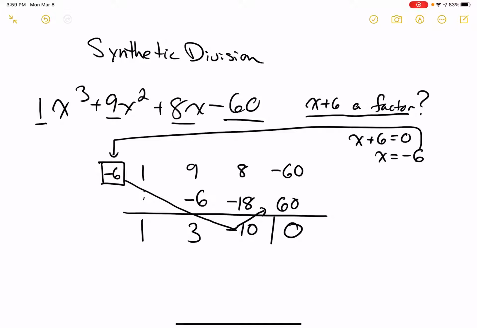And I'm going to put a little line spacer here to indicate that this last number that I have is my remainder. Okay? So notice the numbers that we had, -6, -18, and -60, and we were left with 1, 3, and -10.